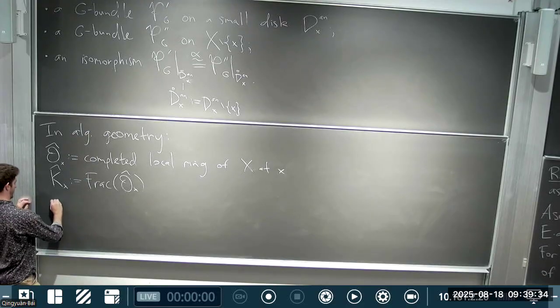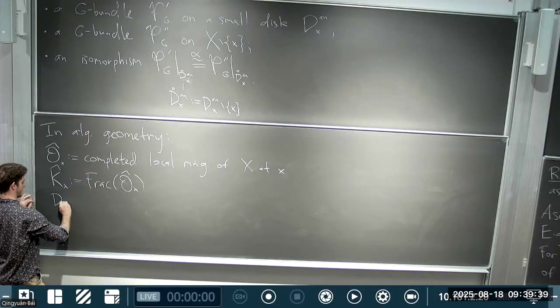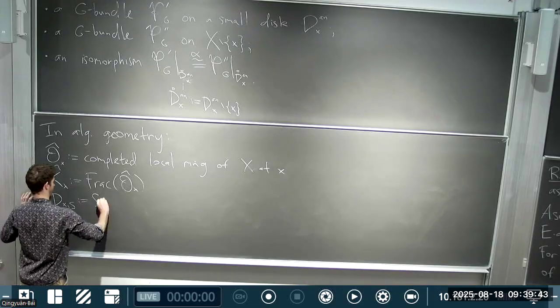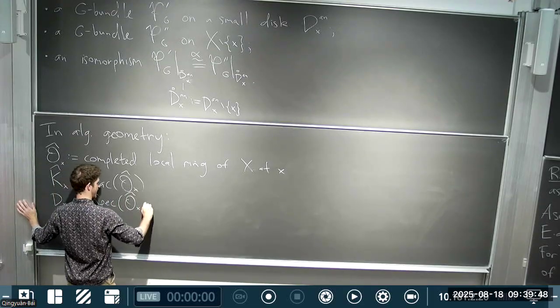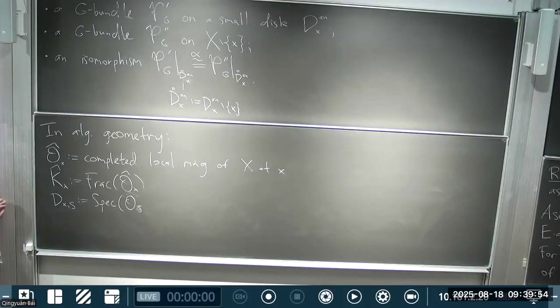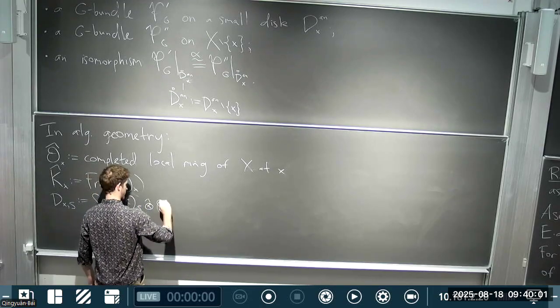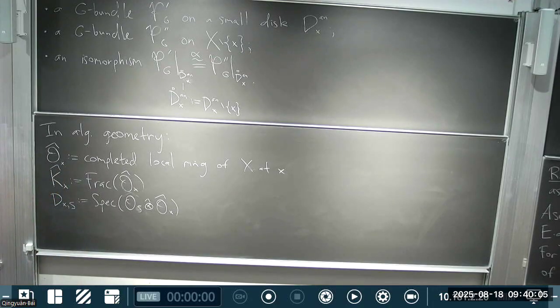And then, inspired by the analytic situation, I'll use the following notation. I'll write D sub x comma s for the spectrum of O hat. Let me write it as follows. S is some test affine scheme as always. I can form the completed tensor product of the ring of functions on S with O hat.